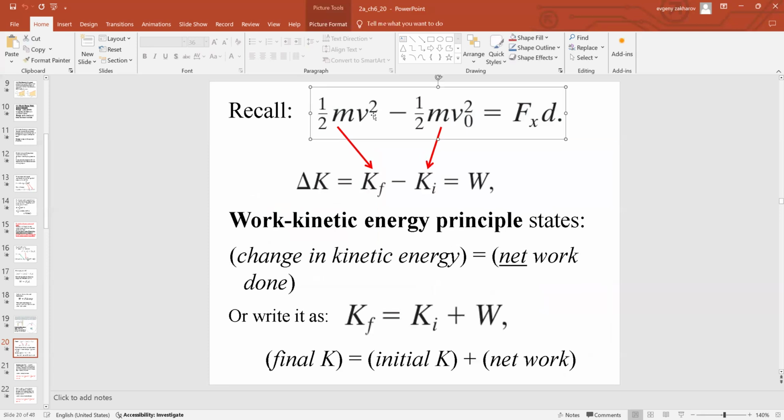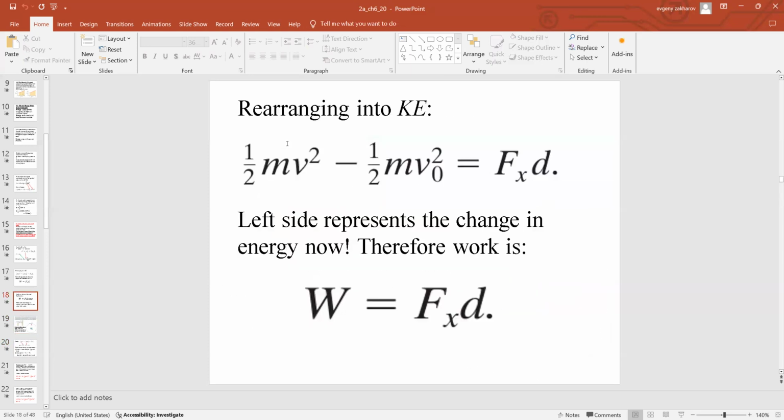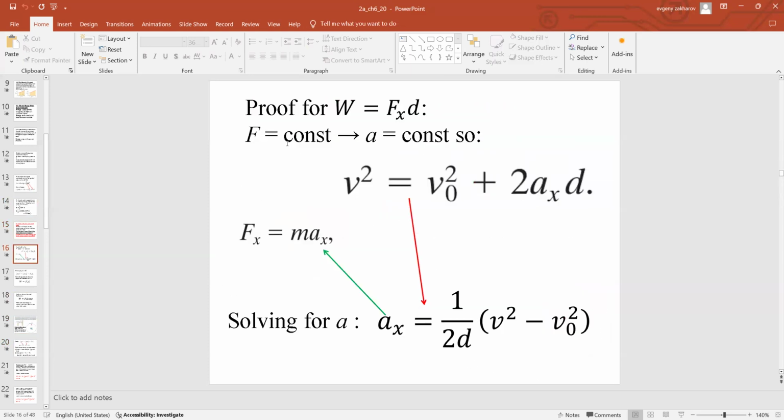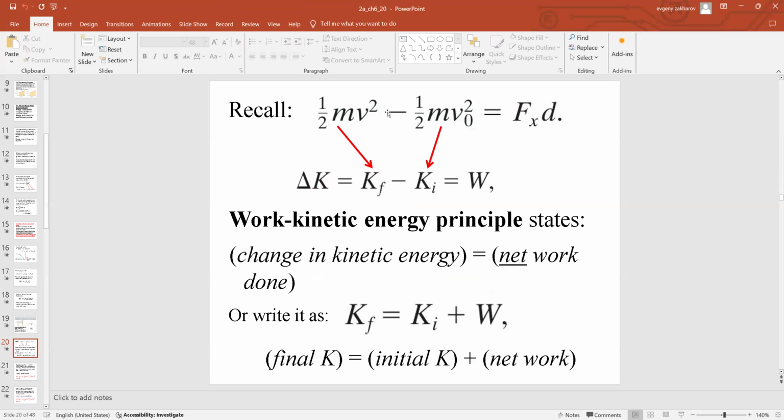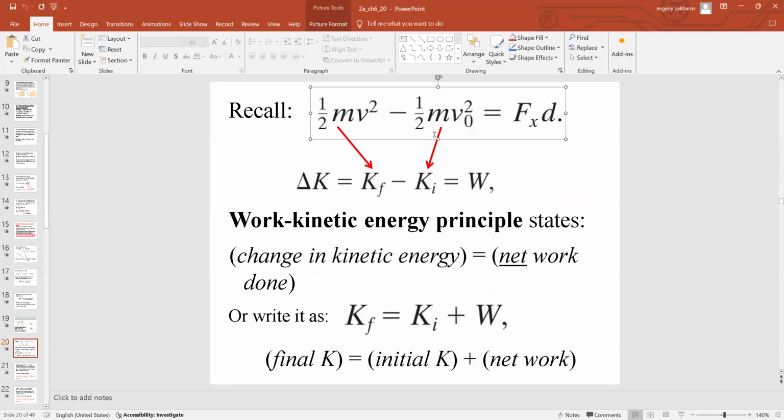Okay, so I've already mentioned that after you do the kinematics and dynamics, so this is kinematics, this is dynamics, and you play with those expressions, you will end up with this particular expression. And it's just a definition for kinetic energy.